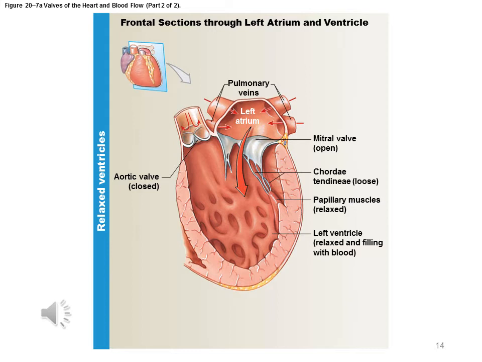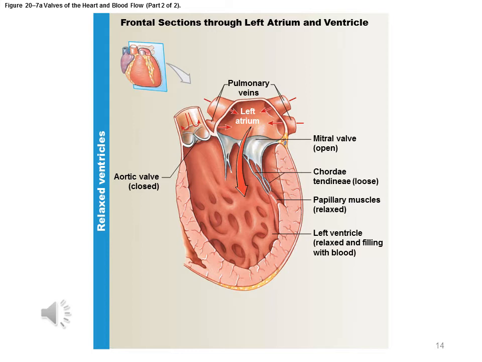Now, remember what valves are for. And I put this in your lecture notes, but it's always important to remember, valves are always to prevent backflow. So whatever valve you're looking at, you have to understand where it's going to. So if I was to ask you, what does the mitral valve do? You would say the mitral valve prevents blood from flowing from the left ventricle back into the left atrium.